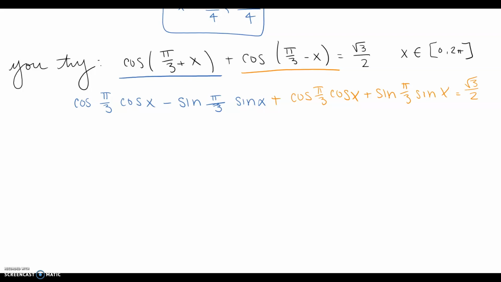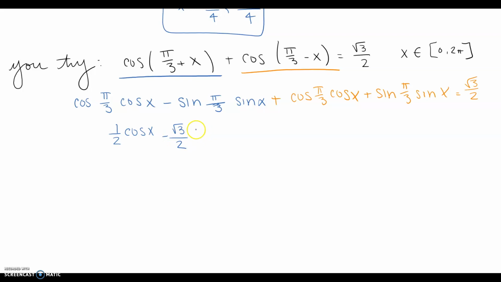And so now what I'm going to do is use the unit circle first. So cosine of pi over 3 is 1/2. So I have 1/2 times cosine of x minus sine of pi over 3 is root 3 over 2.